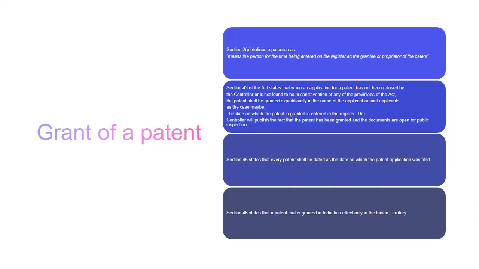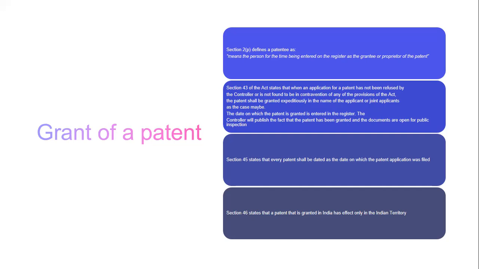I hope we are clear on this that the inventor is different from the owner. In some cases the inventor and the owner or proprietor of the patent will be the same, but sometimes they are not. For example, if a person is working in a company and during his tenure with the organization he makes a product, the employee will be named as the inventor, but the company will be the owner of the patent.